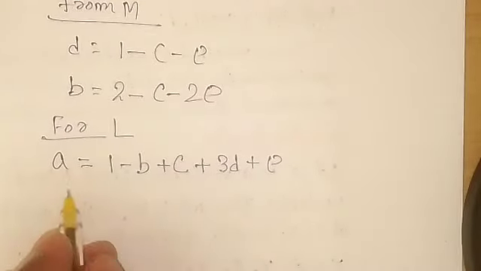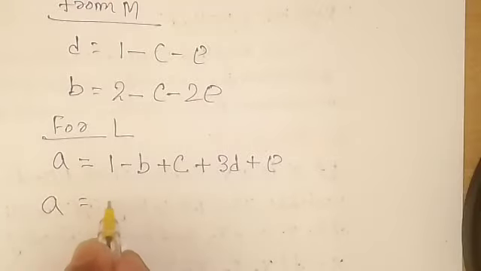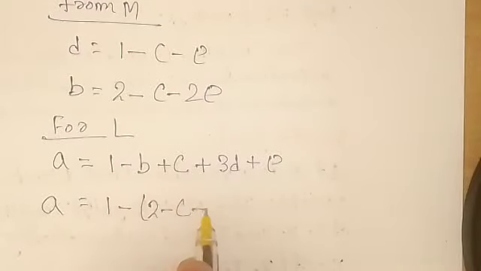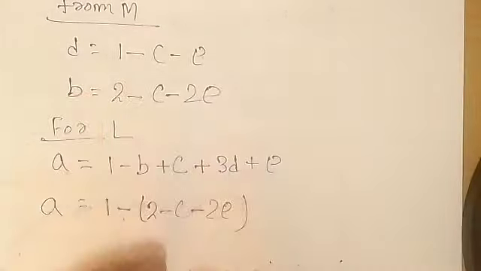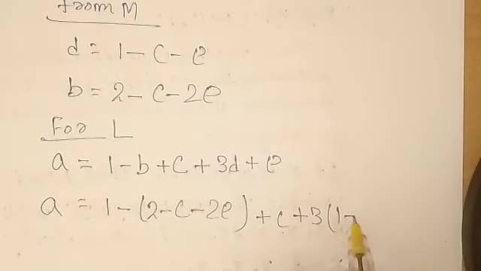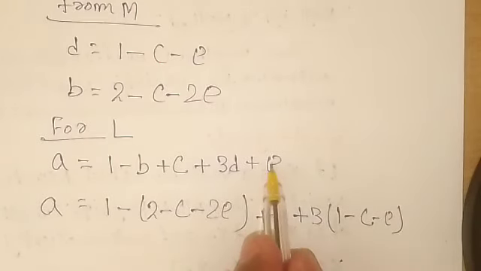So here, a is equal to 1 minus b, and b is 2 minus c minus 2e from the earlier equation, plus c as it is. Then I substitute d, so plus 3 times d, which is 1 minus c minus e, and then plus e.